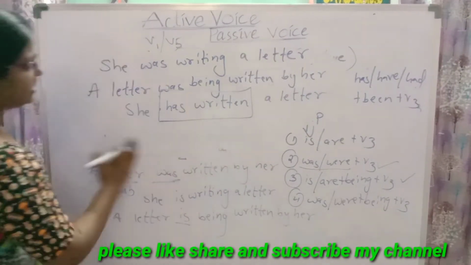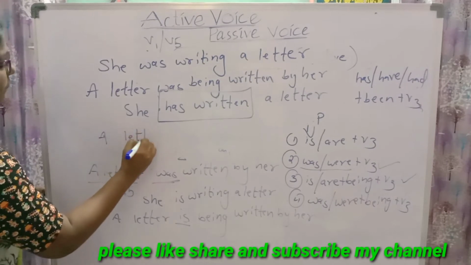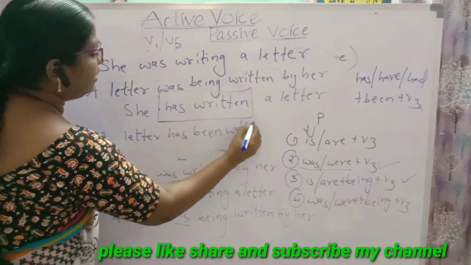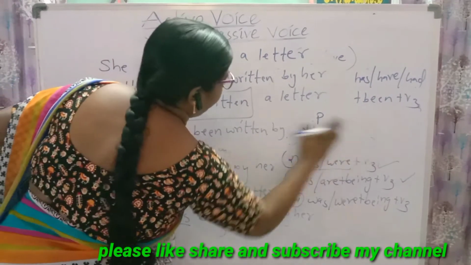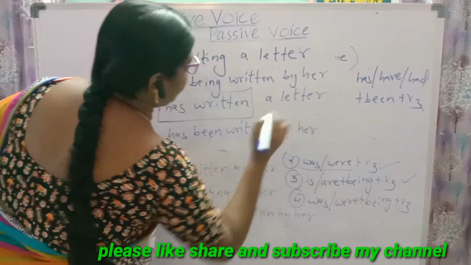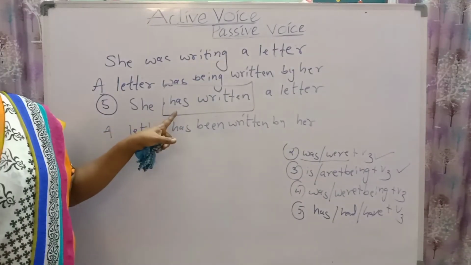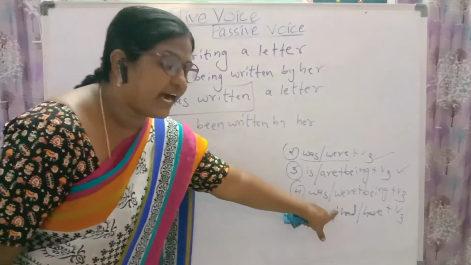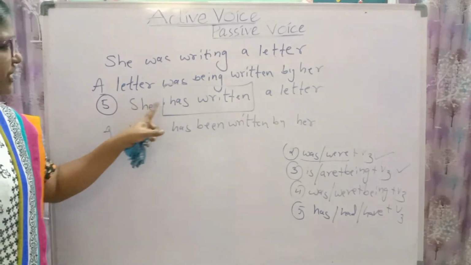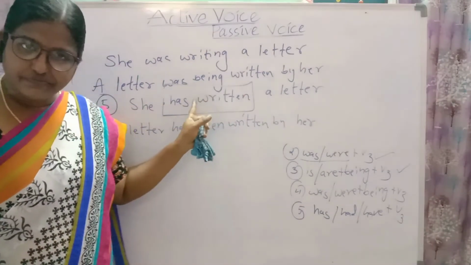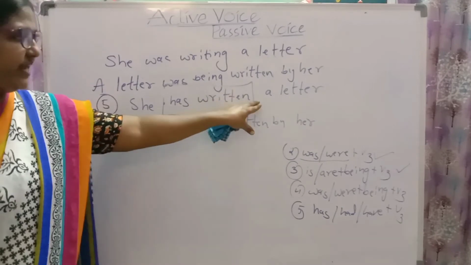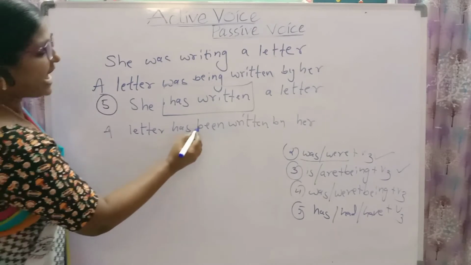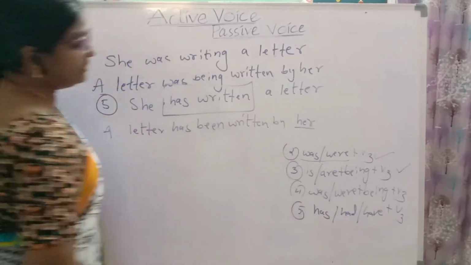Then we change this as a letter has been written by her. So these are the very easy steps. For example, she has written a letter. It is in present perfect tense. Then we follow the fifth one, that is a letter has been written by her.